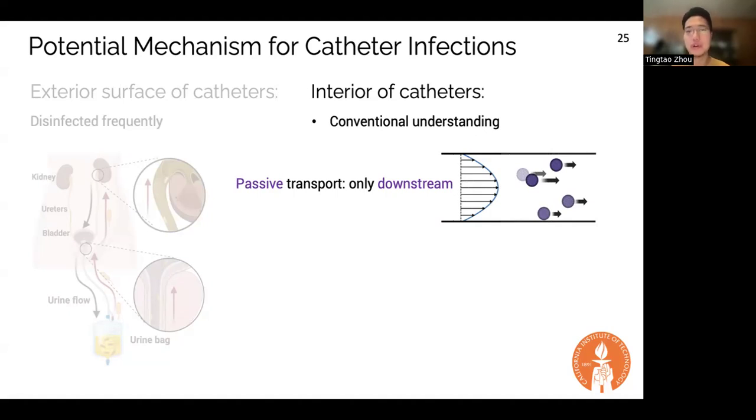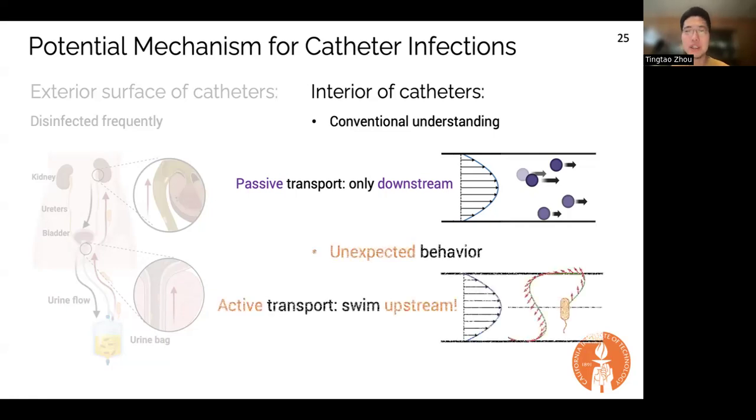But that flow is always going from inside the body to the outside, and the dust particles can only be washed downstream. So they don't have any chance to go back to your body. So the convection always dominates over the diffusion, right? However, if we have active swimmers like bacteria, there is unexpected behavior, which is so-called upstream swimming.